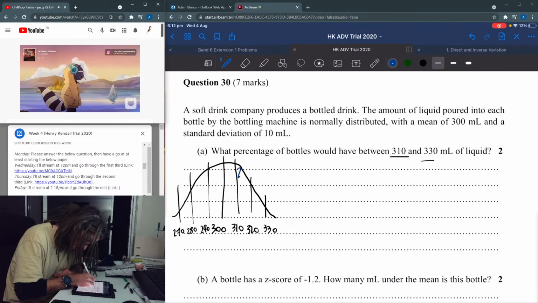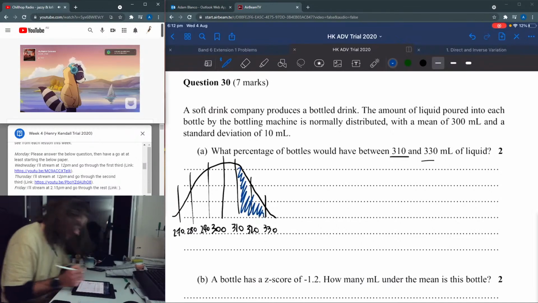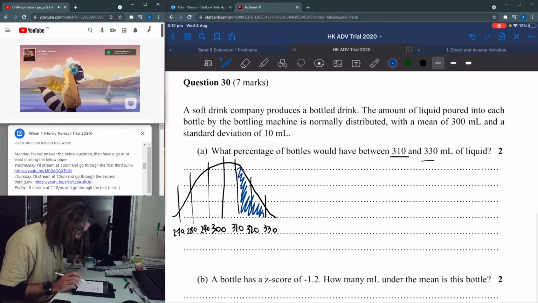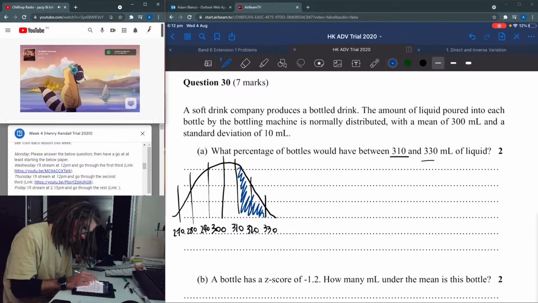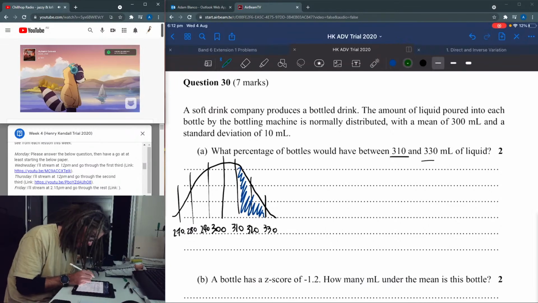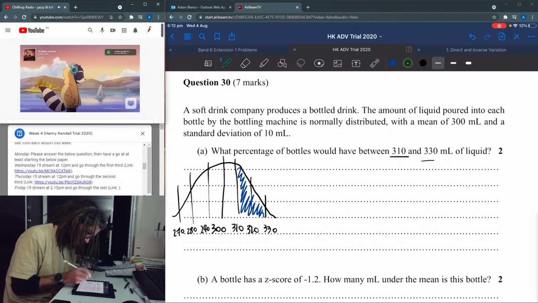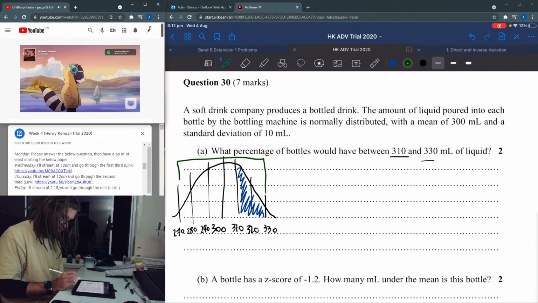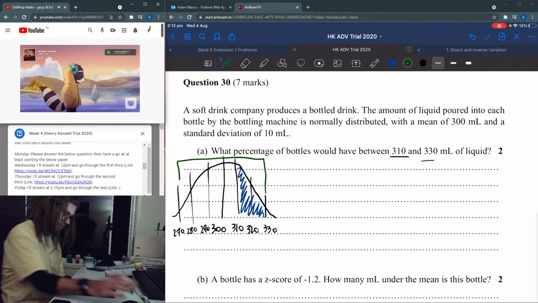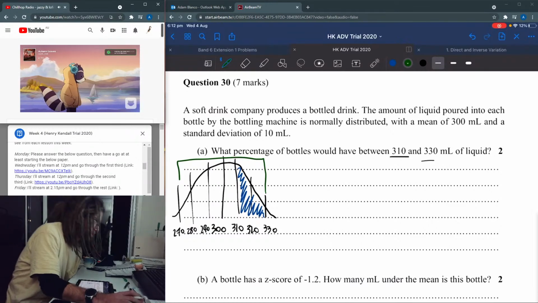What percentage of bottles would have been between 310 and 330? So 310 and 330 is here. Oh, these questions suck. Okay. Let's use a zillion colors. This whole thing here is it 99.7? I think. Reference sheet.